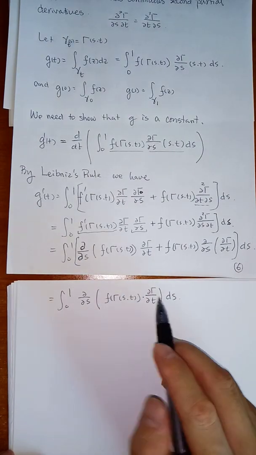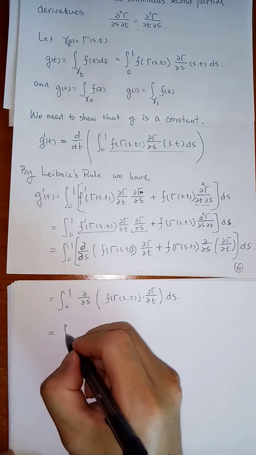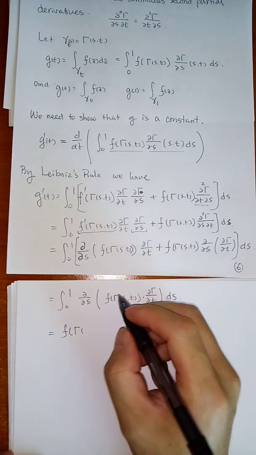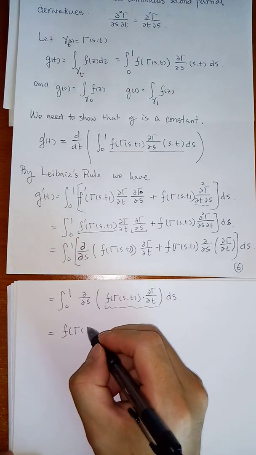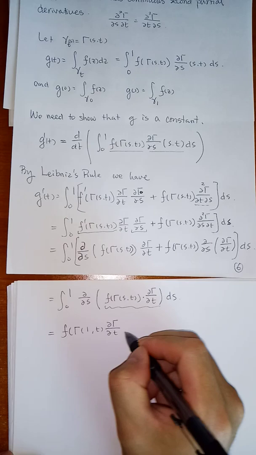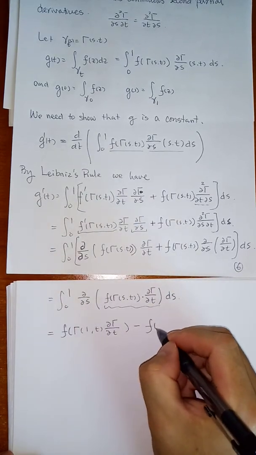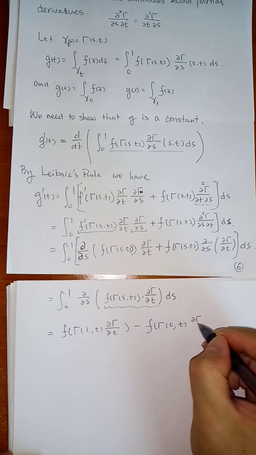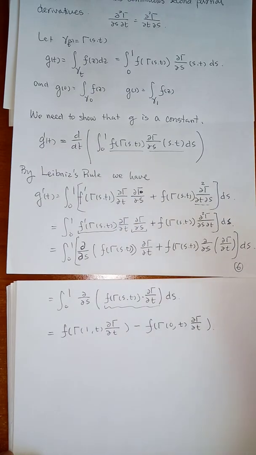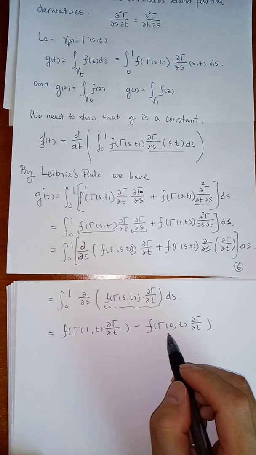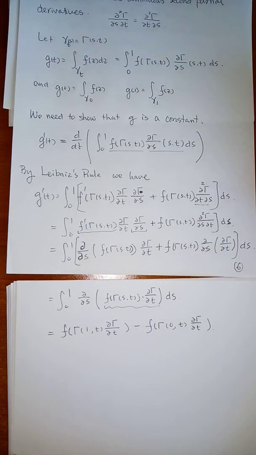Differentiation and integration are inverse to each other, so you get f of gamma, since it's about s, this is the antiderivative, 1 t gamma minus f of gamma 0 t gamma t. And this is a closed rectifiable curve, so these two things are equal.